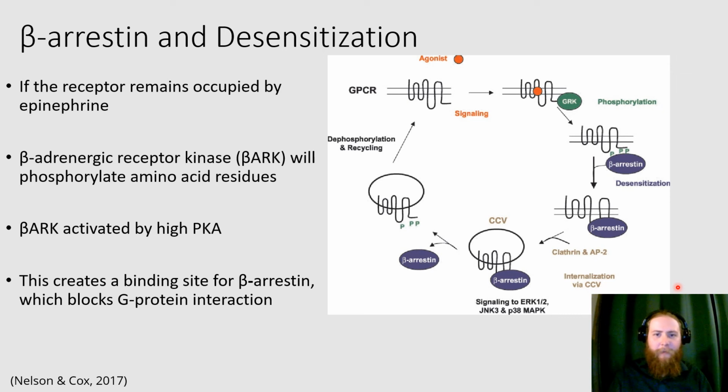So this increased PKA now activates another protein in kind of a negative feedback loop here that will shut down this process. So as beta-arrestin comes in and binds, it blocks the G protein interaction. This blockage of this interaction here allows for the removal of this agonist.